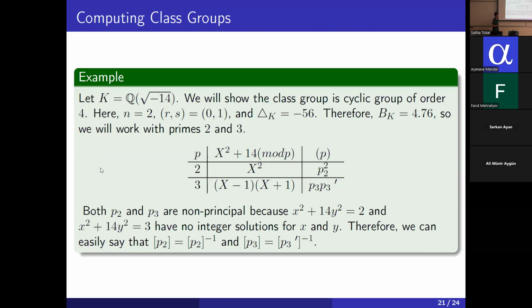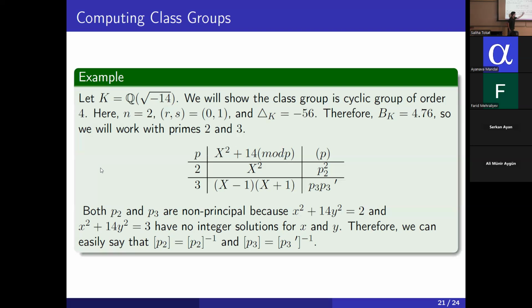But here, actually, we have a problem. We should first look at whether they are principal or not. But how can we determine that? We have an integral basis, 1 and square root of minus 14. We said that if there is an element whose norm is equal to the norm of the prime ideal, this prime ideal is principal.